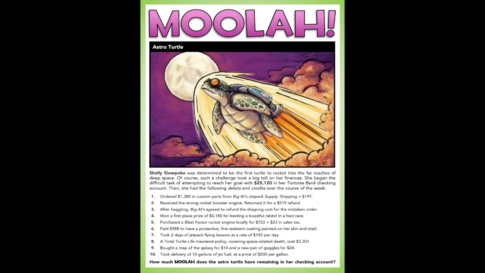Step 7. Took 2 days of jetpack flying lessons at a rate of $145 per day. So that's what she had to pay for the lessons. But notice, she took 2 days of lessons, and they only told you what 1 day costs when they say per day. So don't forget, she spent 2 times that for 2 days.